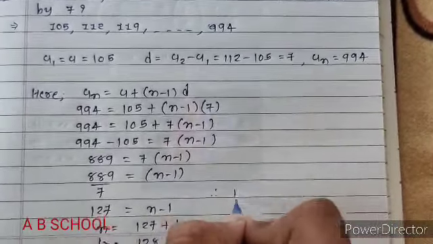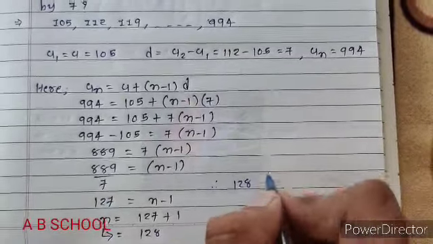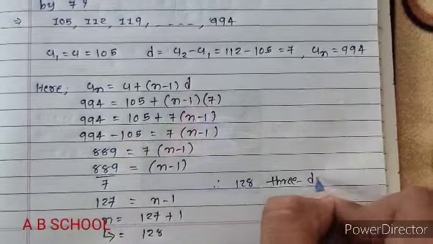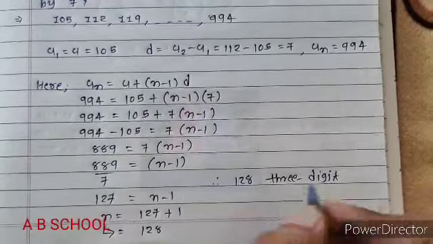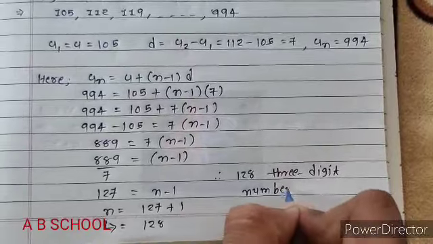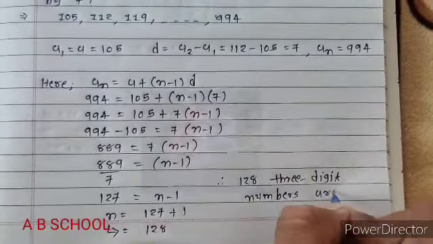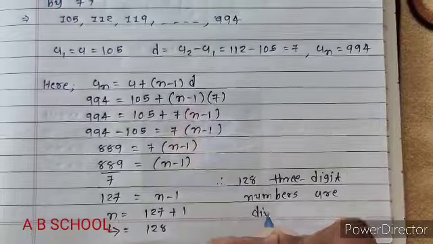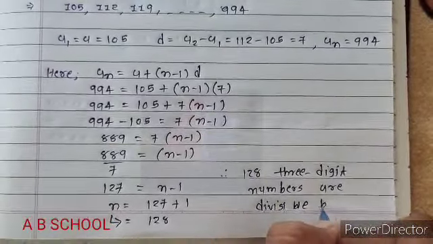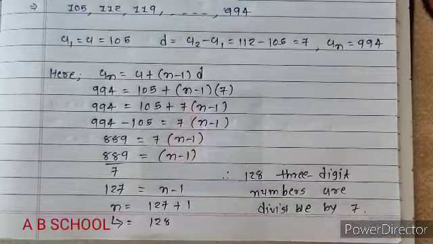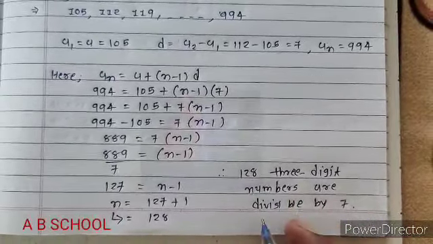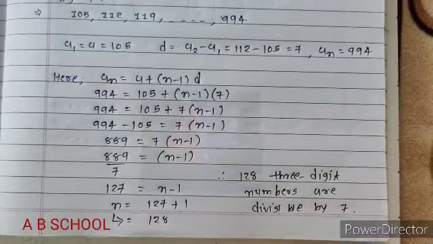Therefore 128 3-digit numbers are divisible by 7.